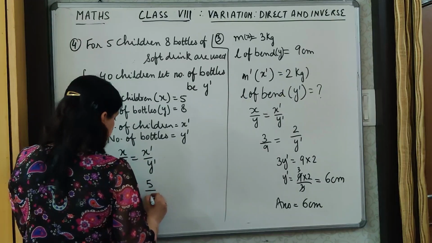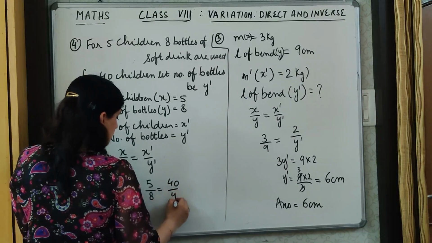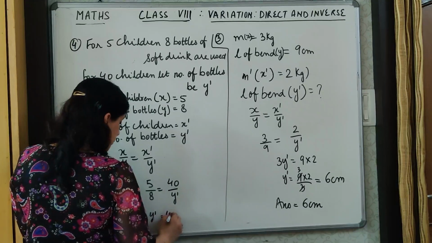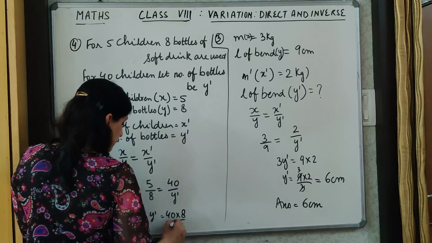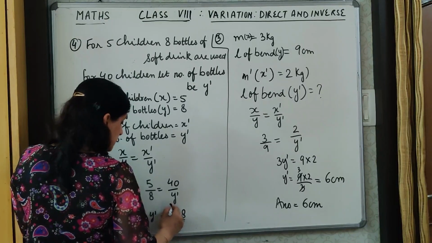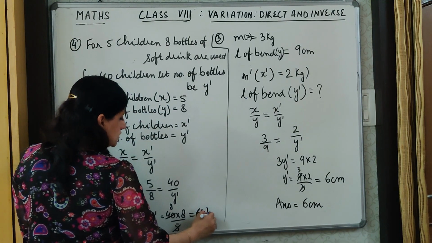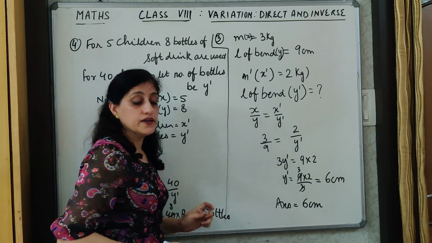X is 5 upon y is equal to x dash upon y dash. So my y dash is equal to 40 into 8 upon 5, which makes it 64. 64 bottles will be required.